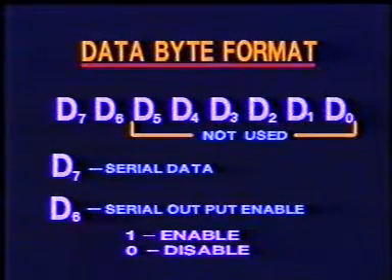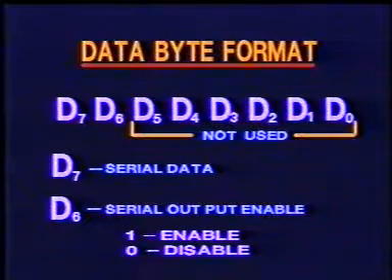The first step is to load the data bit into the accumulator. Where D7 is the serial data, D6 enables serial output operation. The single bit data to be transmitted is placed at the D7th bit. A 1 at D6 bit enables the SIM instruction.